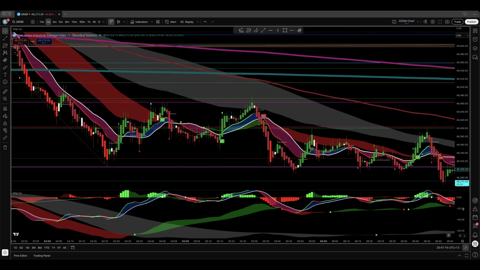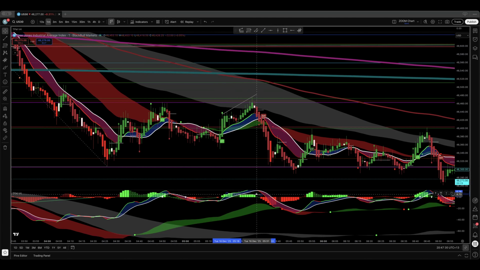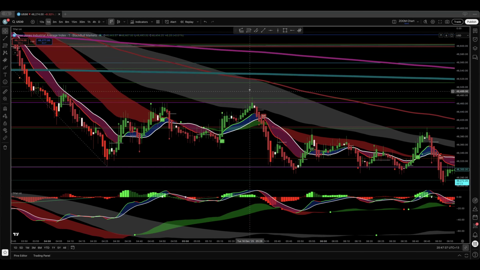It's not very clear, but we can see there was a higher high in that move up, and if we look down at our histogram, there was a lower low. So it wasn't huge divergence, only slight histogram divergence. But if you were eagle-eyed, you would have seen a pattern. And where there's divergence, it always makes for a safer entry too. So that is one of the signals I wanted to look at and analyze.